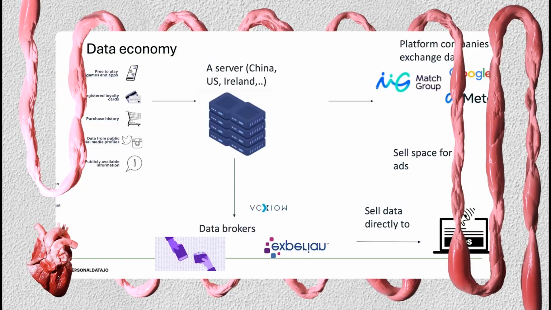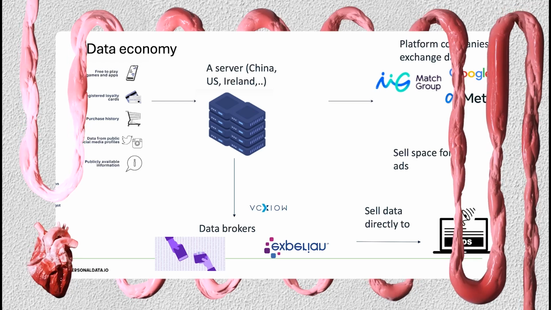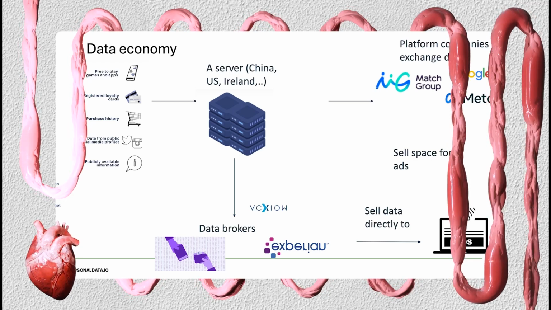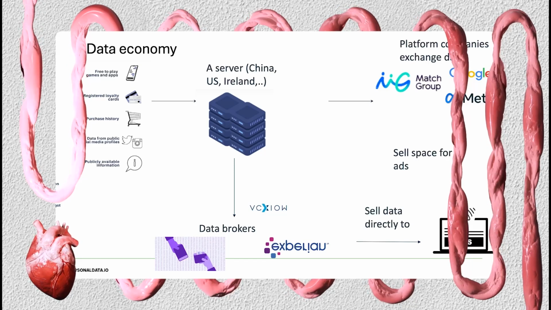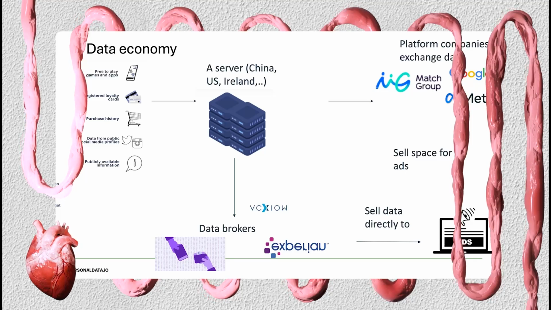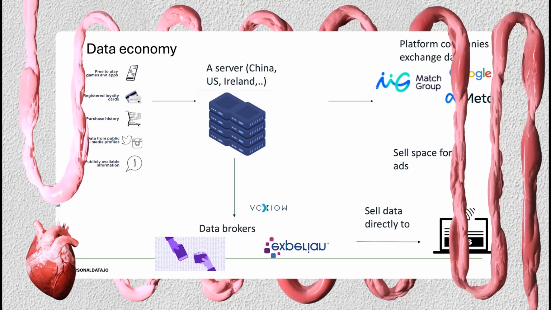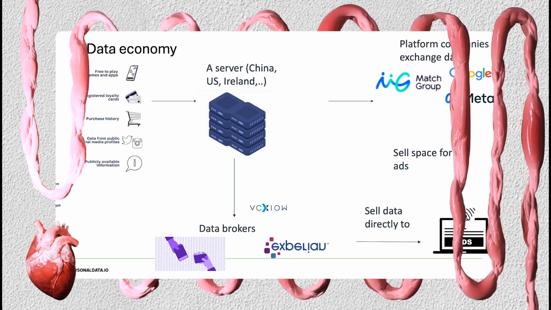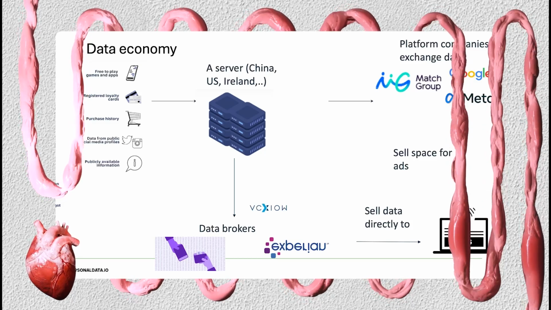Then come data brokers, another important player in this economy. They are going to get all the data and sell it to other people. So when you're accepting the privacy policies on Tinder, you're saying, I let you send my data to Spotify, to any other company, but I also might let you resell it or give it to data brokers, where we don't know what they're going to do with it.